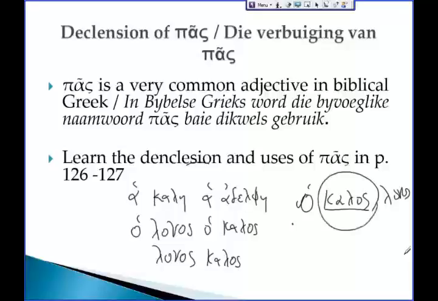If it's outside, like in this case, then it must have its own article. Or both of them appear without articles. It will be indefinite, a good word, not the good word. All right? Good. So this is the less common, and let's see how we translate it. We said we translate it as the whole or the collective.